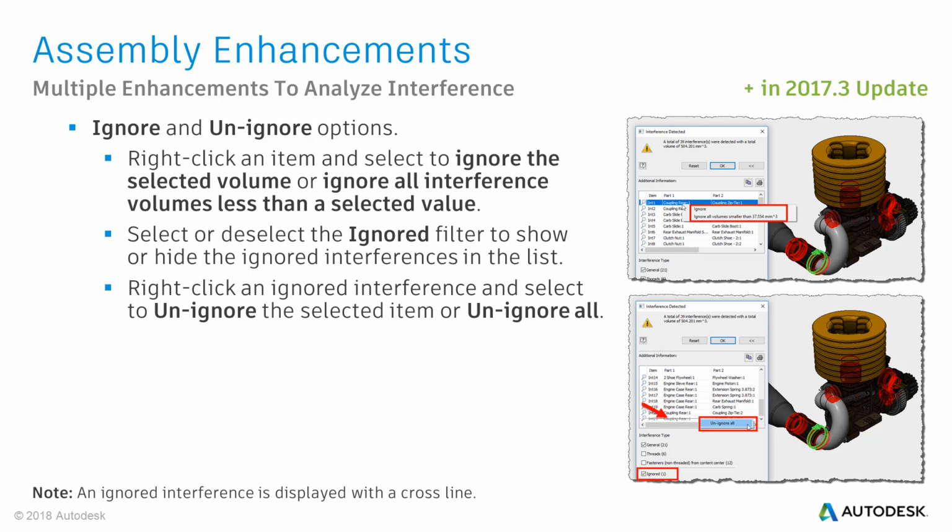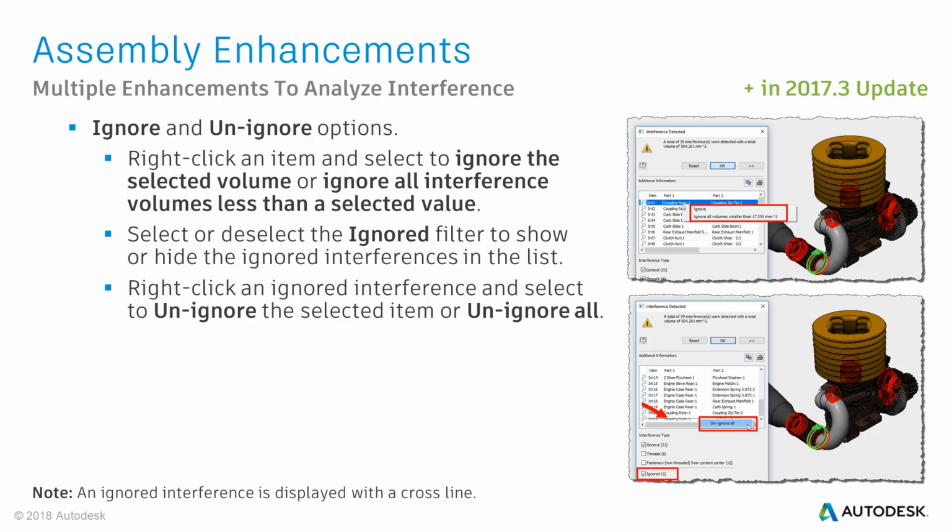Some interferences are intentionally wanted, but Inventor displays them. Just click on a component in the Interference Detected dialog and select the Ignore command to hide an interference. As soon as an ignored record exists, the Ignored checkbox appears at the bottom of the Interference Detected dialog. By enabling this checkbox, you can display ignored interferences in the Additional Information table again.